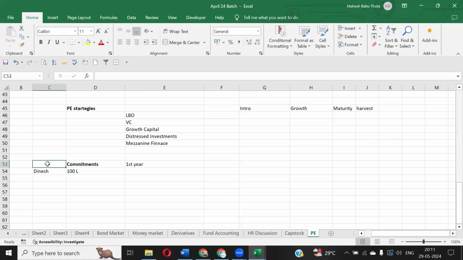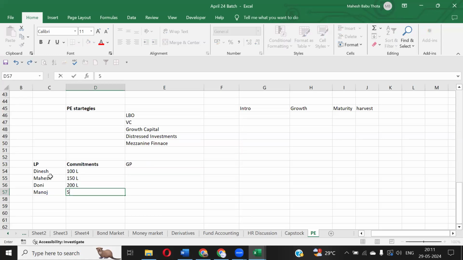These are the limited partners, and the general partner will collect the money. Dinesh, then we have Mahesh, who agreed for 150 lakhs. Dhoni agreed for 200 lakhs. And Manoj agreed for 50 lakhs. Let's assume we have 4 limited partners and a general partner as well.